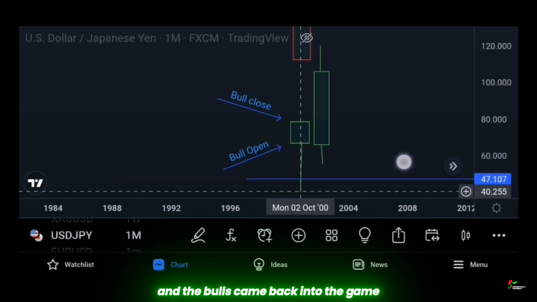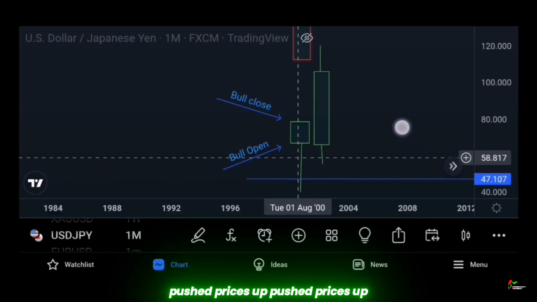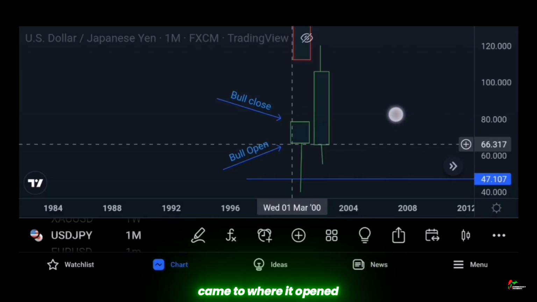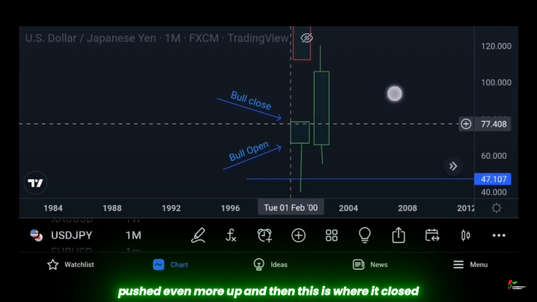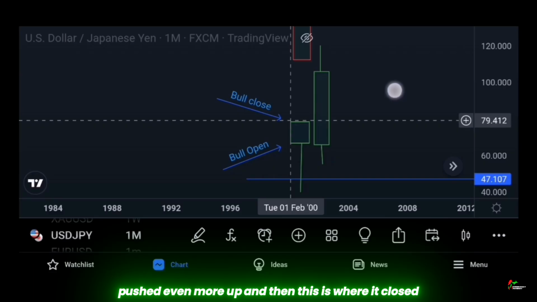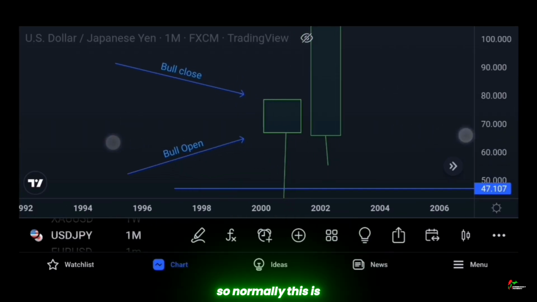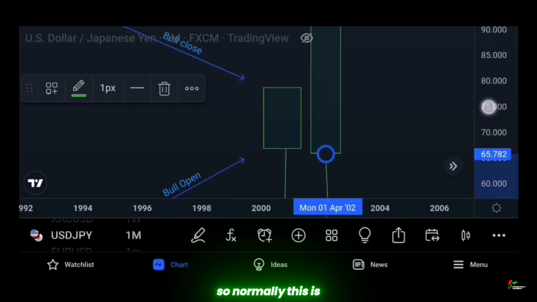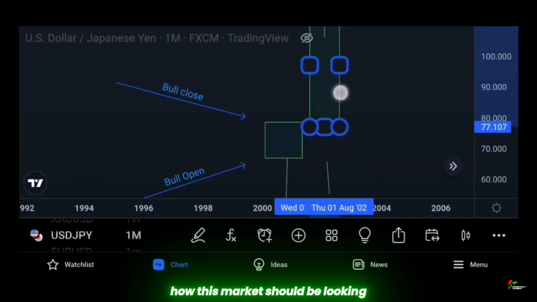The bulls came back into the game, pushed prices up, came to where it opened, pushed even more up, and then this is where it closed, right? Normally this is how this market should be looking.